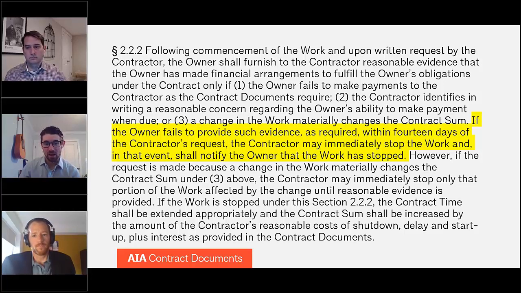If the owner has provided nothing or essentially nothing, like the "you're good" text or email or a thumbs up emoji, then it's probably equivalent to having sent nothing, and in that case the contractor may very well be within its rights to immediately stop work, because there isn't even a claim at that point. There's no dispute as to whether that's a reasonable amount of information. So it's an interesting little nuance right there.